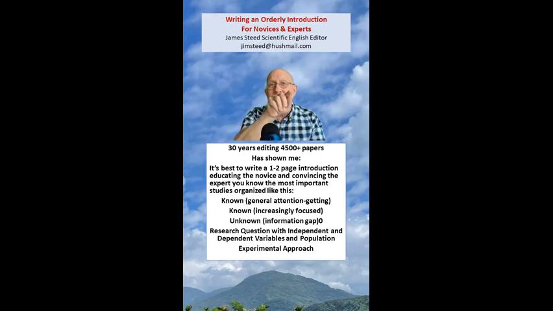All right. One sentence saying something you don't know. 这个叫做 information gap. Okay. Then the research question with the independent and dependent variables and the population. And finally, many people forget it, the experimental approach. Okay. Finally, the experimental approach.